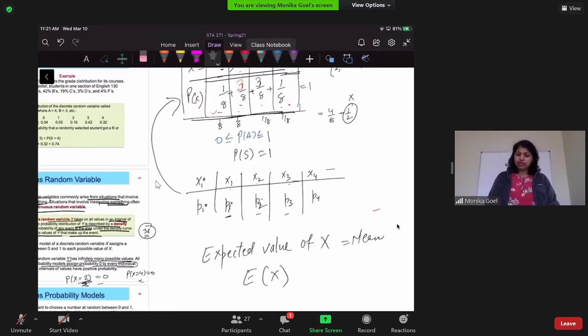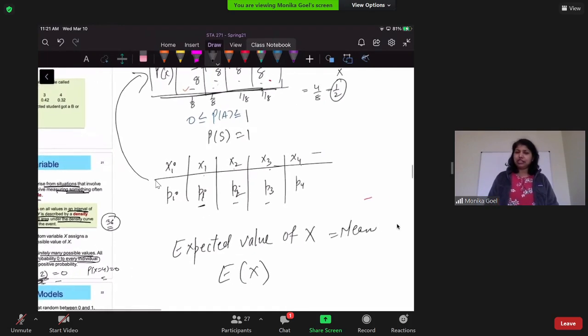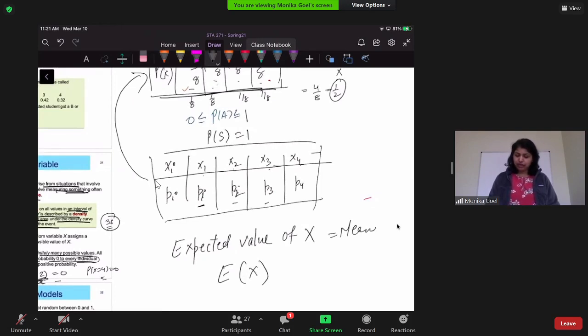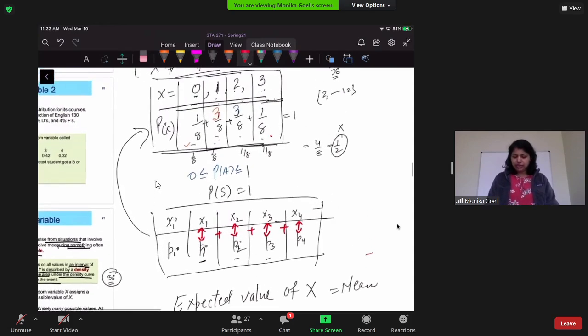Once you make this table, finding the mean or the expected value is not hard, because what you are doing to calculate it is multiplying the value of x with its corresponding probability, and then adding these. So you are multiplying x with the probability and adding it. And let's do it in this example.